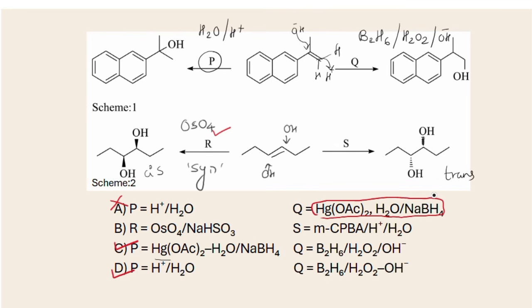So it is always an anti-addition because the epoxide will add here, like this, and then the water will attack from the opposite side and it will open up the ring. That means we are going to get the trans product as it is anti-addition. Therefore, this is also correct. Hence, option B is also correct.